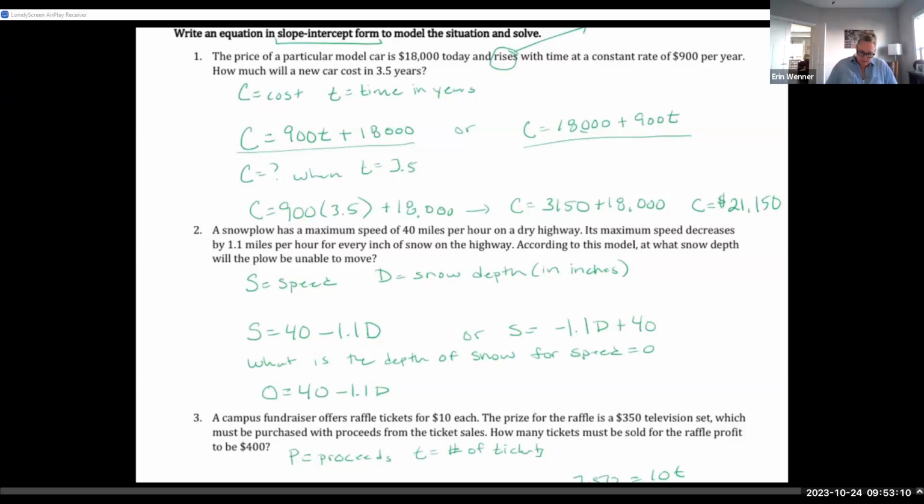So again, in this equation right here, you are solving for D and sending me your answer.